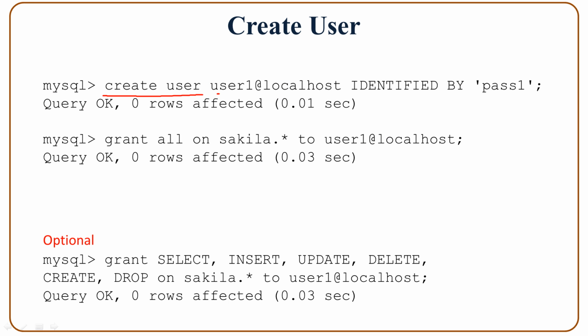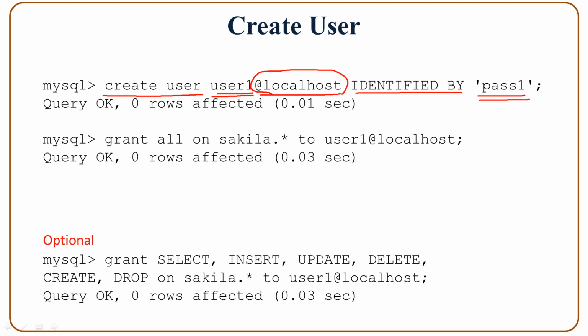The username here is user1, and add localhost. You can actually omit this. You don't have to specify the host name. And then after identified by, it is the password that the user will use to log in to the database.